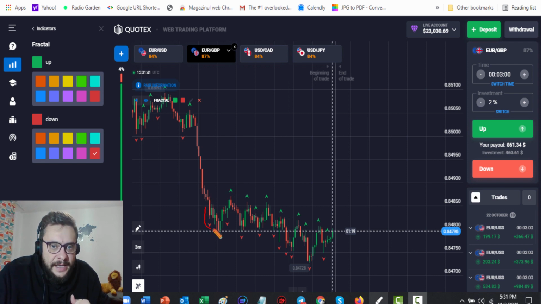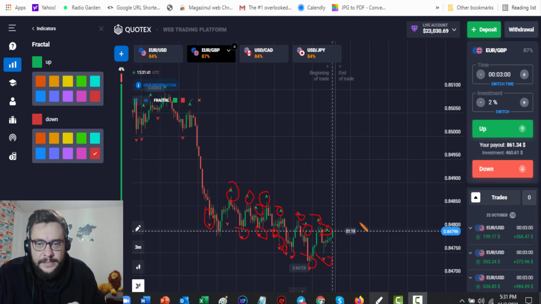So this is an uptrend, this is a downtrend, uptrend, downtrend, uptrend, downtrend, uptrend, downtrend, uptrend, downtrend, uptrend, downtrend, uptrend, and now this is a downtrend here. So following this indicator I will place a few trades today.